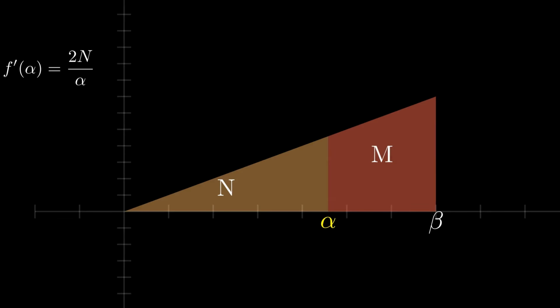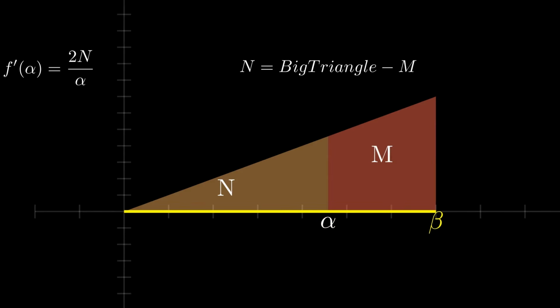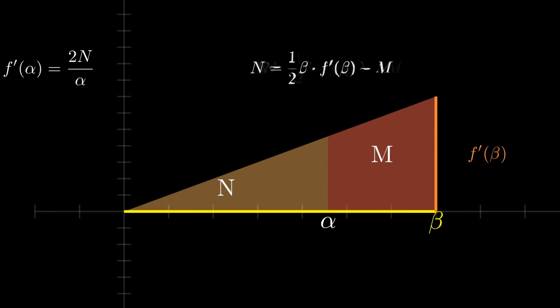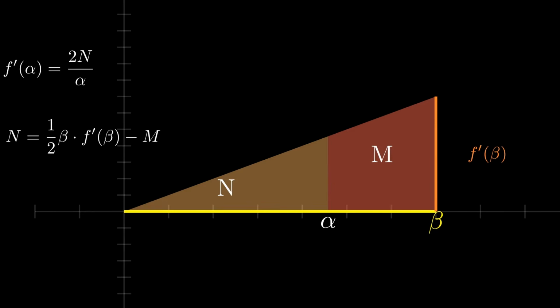Looking at the whole triangle from 0 to beta, the total area is a half of beta by f prime beta. But we know that M makes up the other part, so we can be clever and just say that N equals the area of the big triangle minus M, or a half of beta by f prime beta minus M. Now for M, the trapezium.